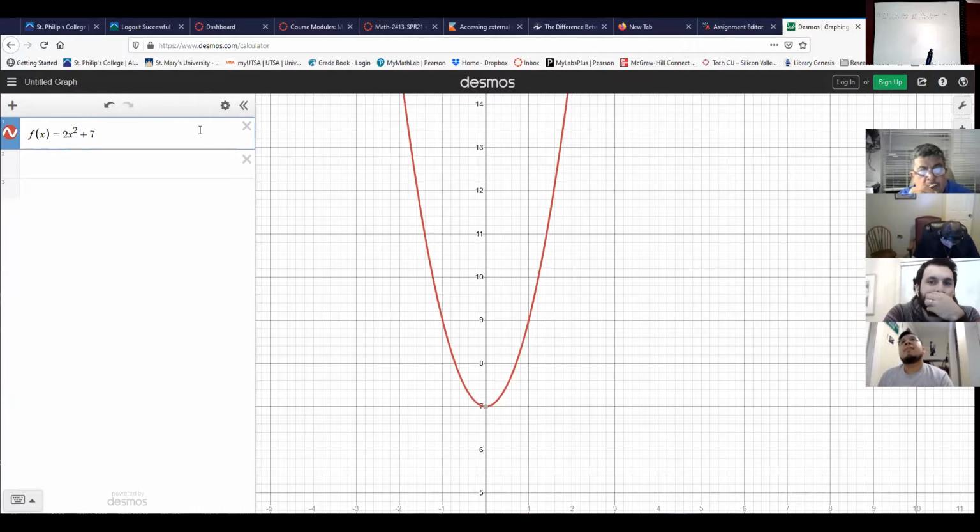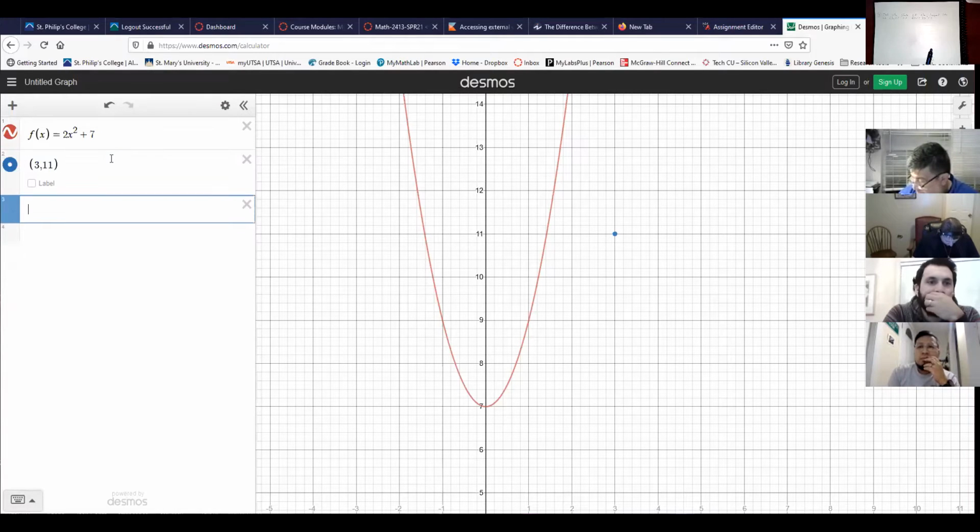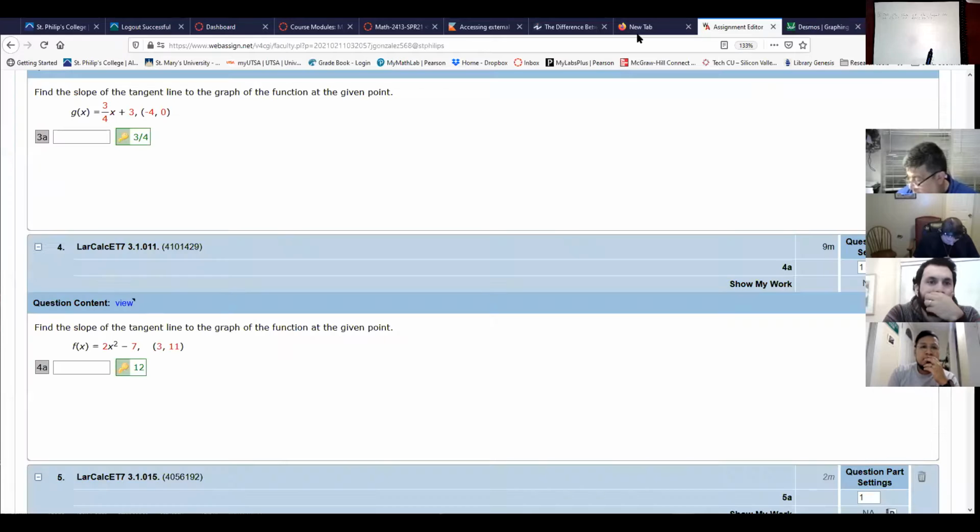All right, so here's my function. So they're asking what is the slope of the tangent line at the location 3, 11. So let me create the point 3, 11. Let me double check I wrote that correctly.